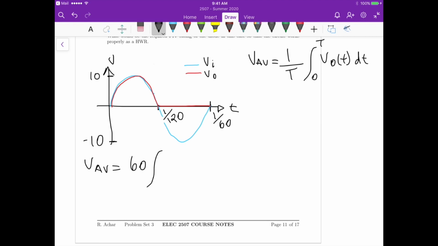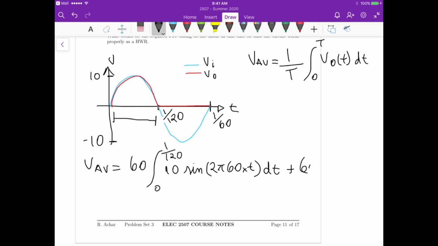Now our V out of t, we can split into two regions. The first region is from 0 up to 1 over 120, where V out equals the input, so it's 10 times sine of omega t. Omega is 2 pi f, so it's 2 pi 60 times t, dt.